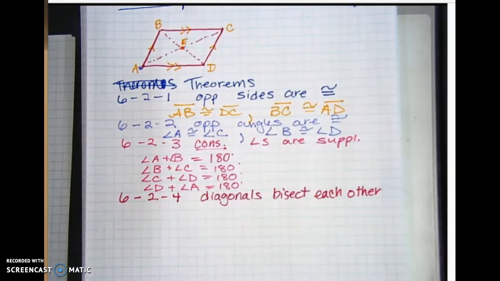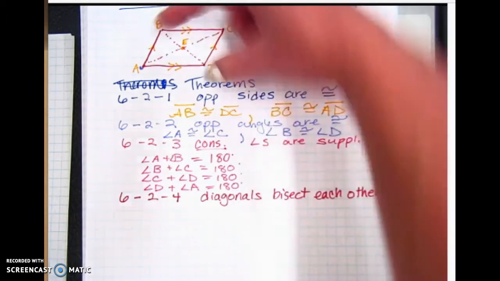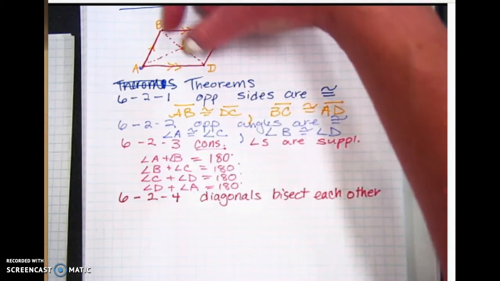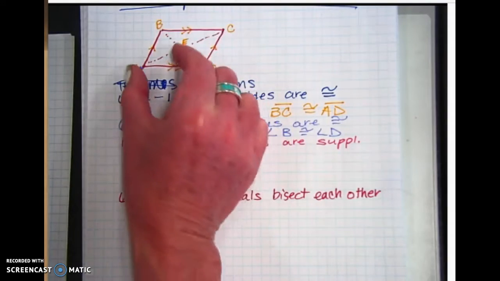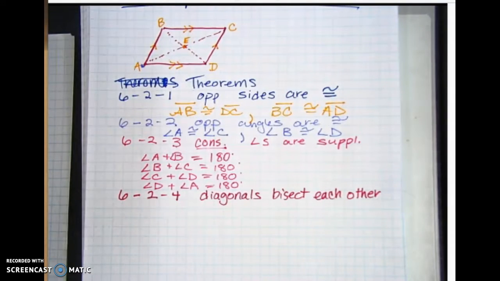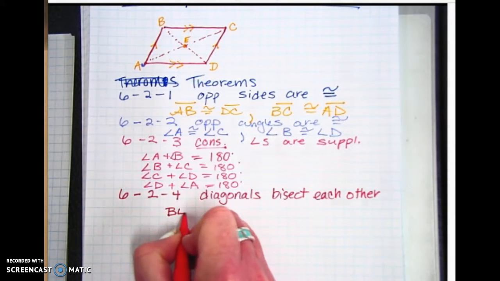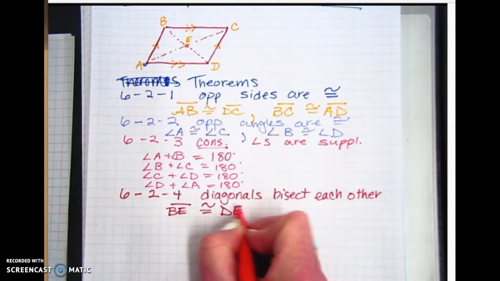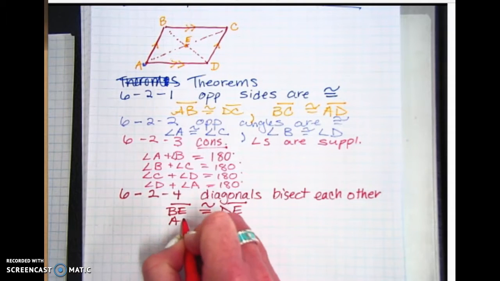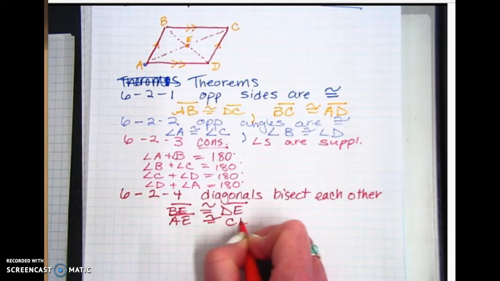A, B, C, D, E. So this diagonal bisects this one, creating this piece and this piece. And that diagonal cuts this one, creating this piece and this piece. So here's what it looks like. BE becomes congruent to DE, and AE becomes congruent to CE.